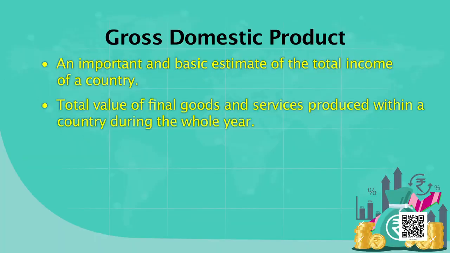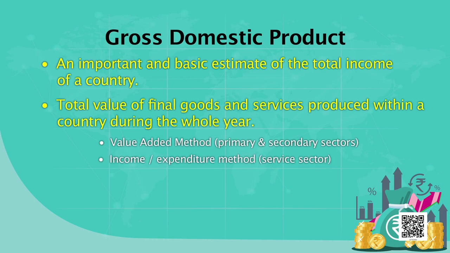I'll tell you more examples of this actually. Generally, the gross domestic product is estimated in different ways, mainly by the value added method. I'm going to explain what is this value added method. And then the second method is called income or expenditure method. For example, income and expenditure means all the people's incomes.